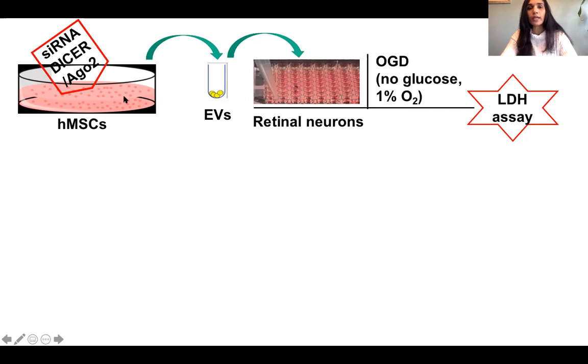Since I told you earlier, the EVs take on the properties of their parental cells of origin, once we silenced this, the EVs isolated from these cells didn't have any dicer and ago2. So then we used these EVs in our OGD systems to see whether they have the same protective effect as that of the normal EVs.